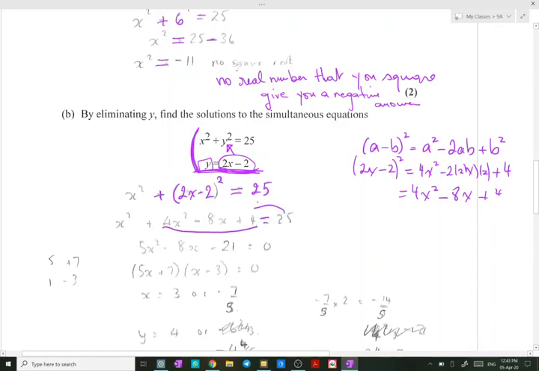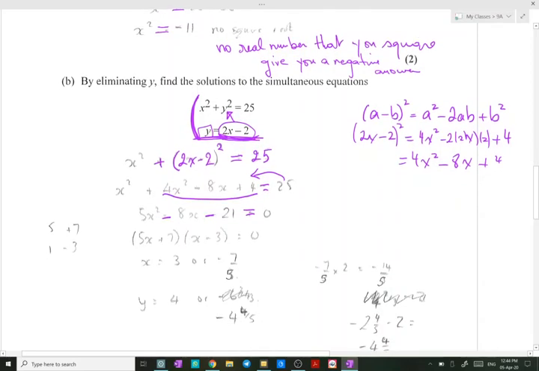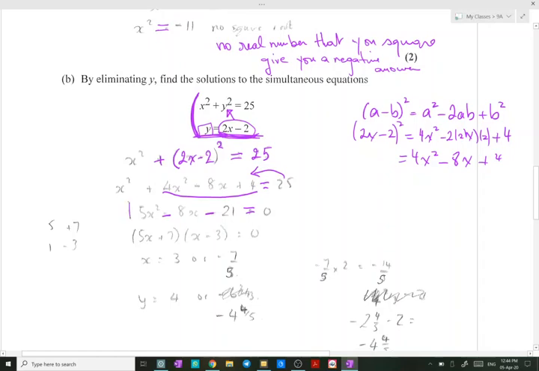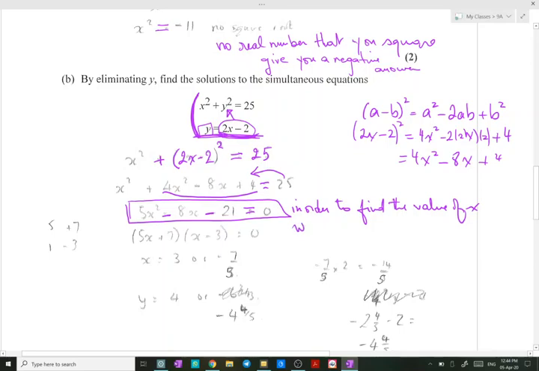Now we take 25 to this side and we collect like terms. So 5x squared minus 8x minus 21 equals 0. Now this step here, when you reach the quadratic equation, in order to find the values of x, we need to factorize.